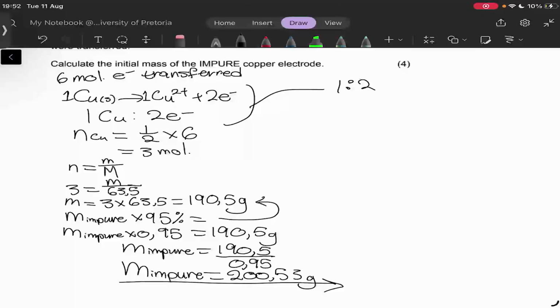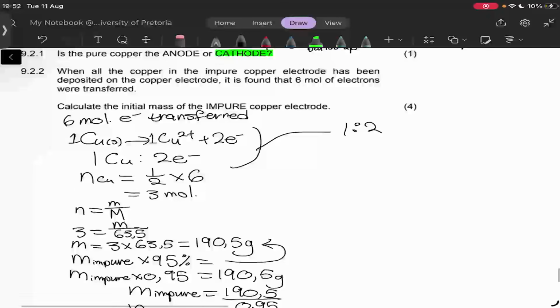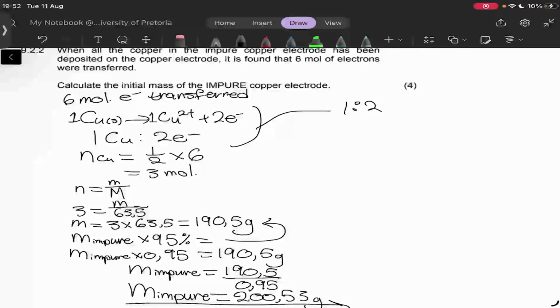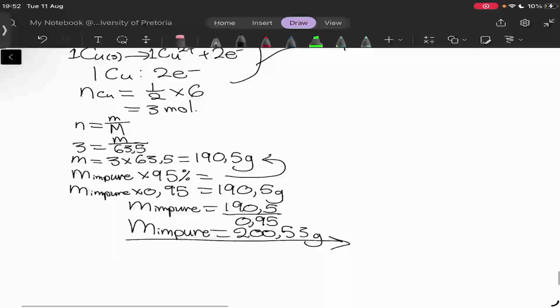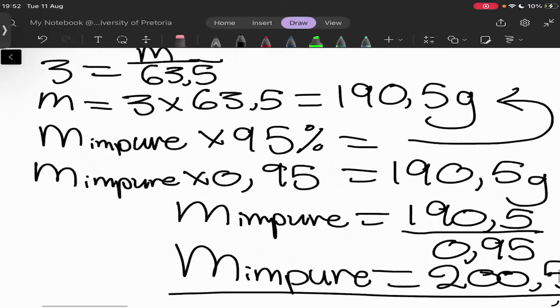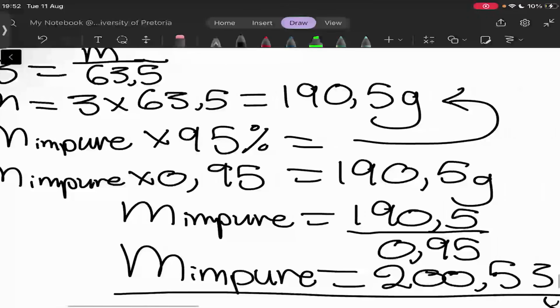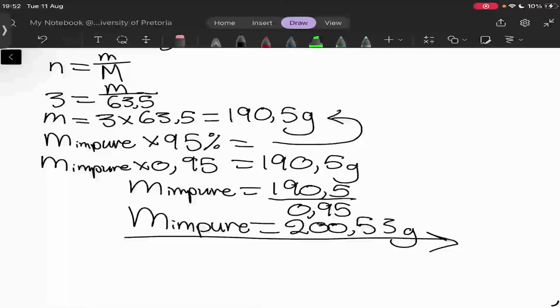We know that the amount of copper transferred from the impure electrode is the total copper contained within it. But we know that's not the total mass of the impure electrode. The total mass of the impure electrode, M impure, if I multiply that by 95%, I get the total mass of copper that was originally contained within that. So that's why I have M impure times 95% equals 190.5 grams.